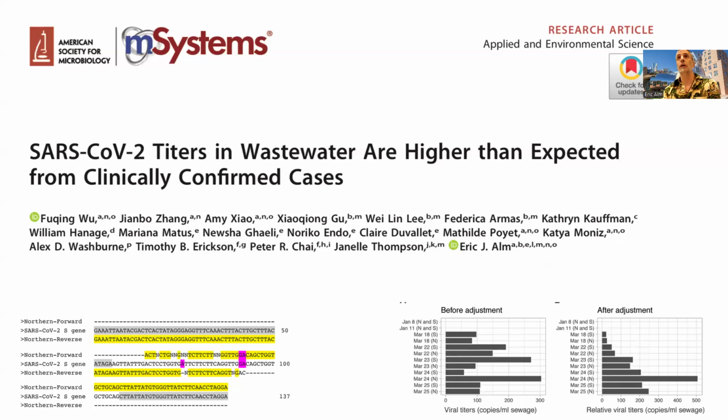If we just took the amount of viral particle that they were shedding, and then we looked at how much virus there was in the wastewater and divided the one by the other, we got enormous amounts of people being infected.